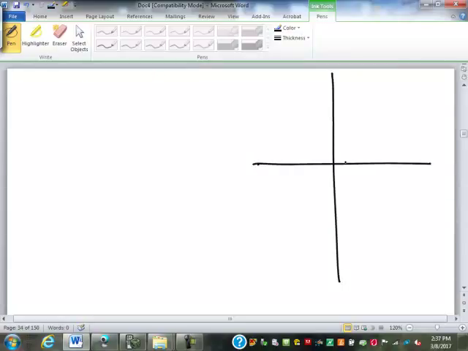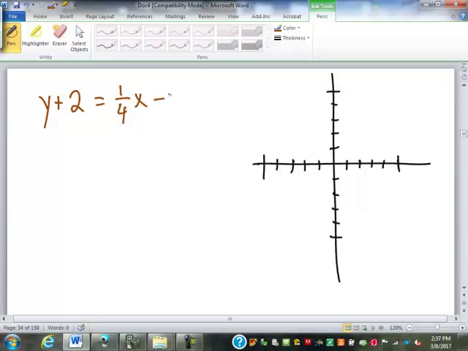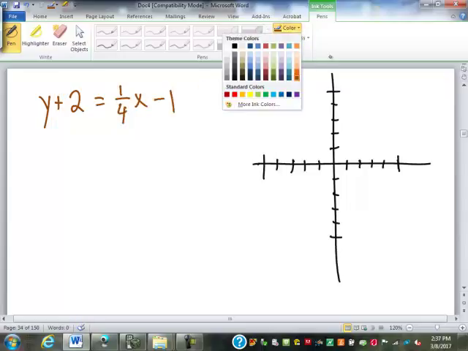Let's keep looking at these graphs. So let's take something like y plus 2 equals 1/4 x minus 1. So again, before we start to do anything with this one, what do we have to do?